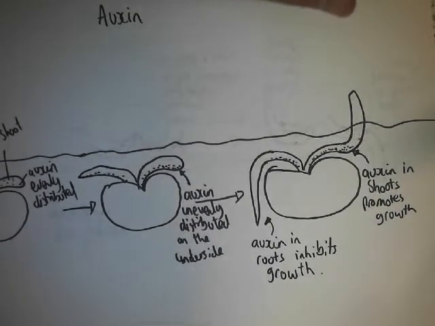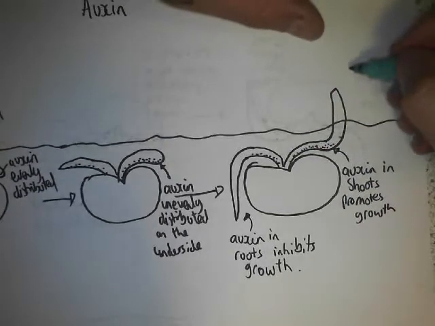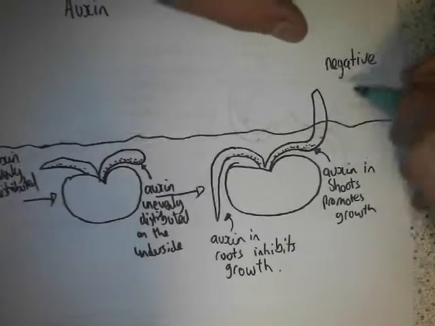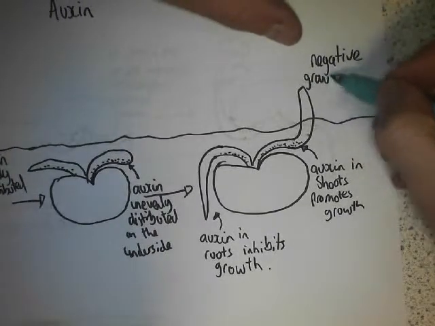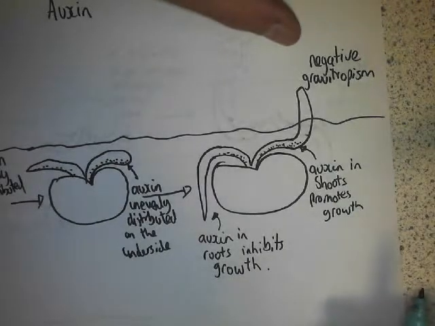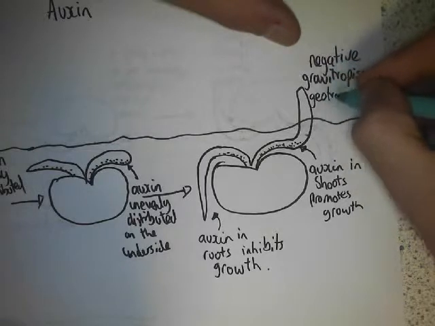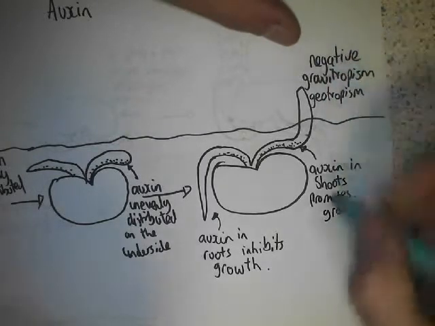One final bit of terminology that you could do with knowing is, if a shoot is growing away from gravity, it's called negative gravitropism, or negative geotropism. Those terms are interchangeable.